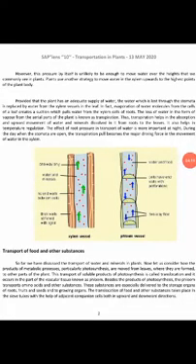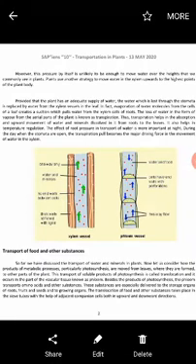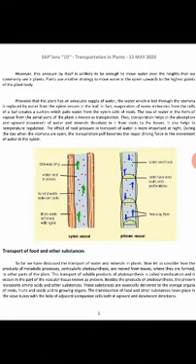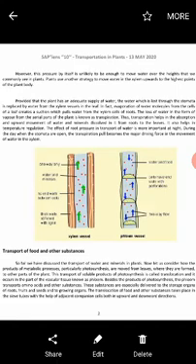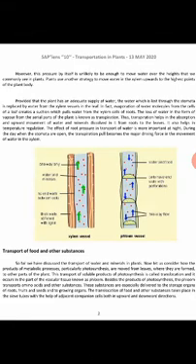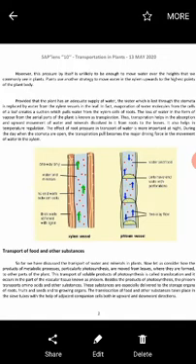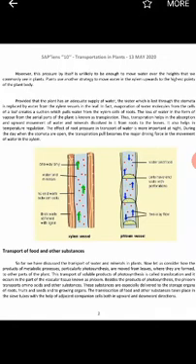However, this pressure by itself is unlikely to be enough to move water over the heights that we commonly see in plants. Plants use another strategy to move water in xylem upwards to the highest points of the plant body.